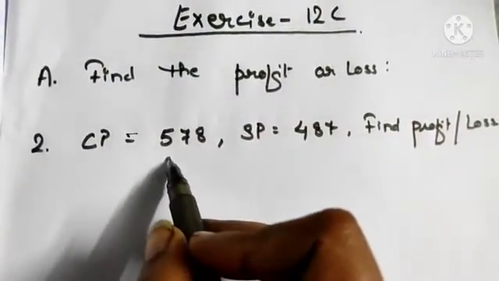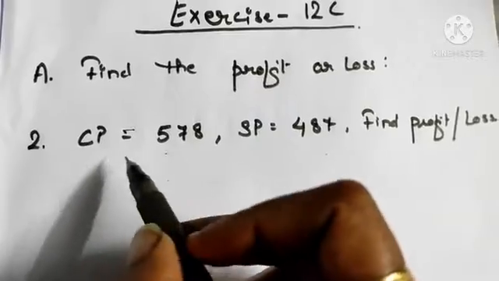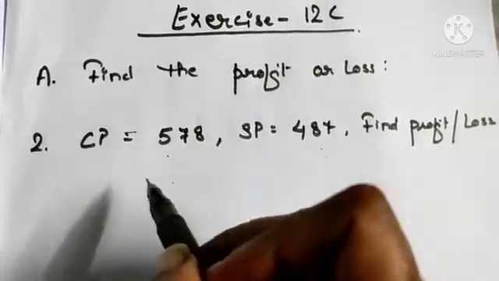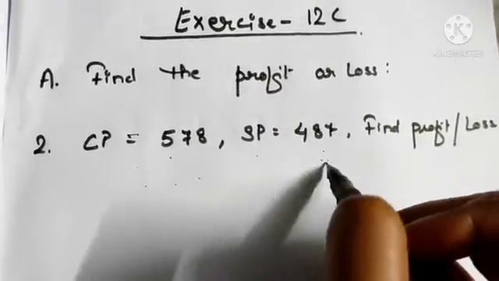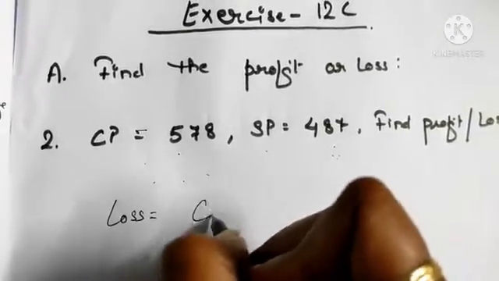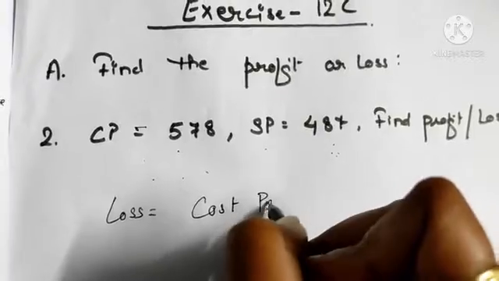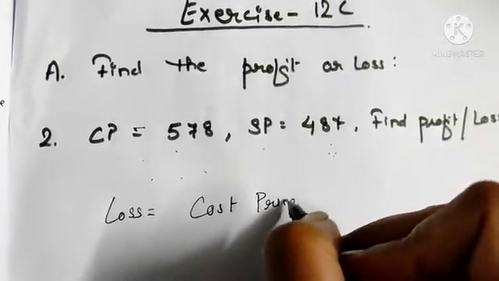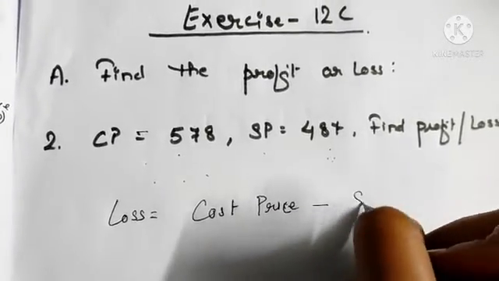Here you can clearly see that CP is greater than SP, so there is a loss. When there is loss, cost price is greater than selling price.